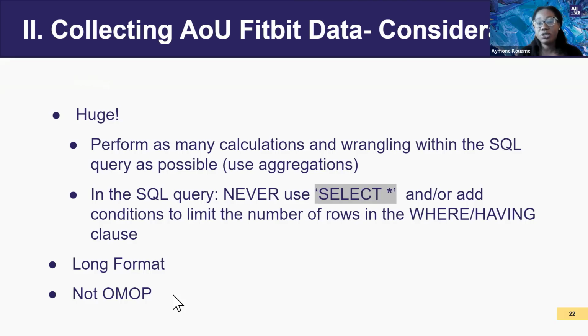We want to use some conditions in the where clause to restrict the number of rows so that you don't crash your notebook. Also, Fitbit data is in long format like the rest of AoU data, meaning a participant will have multiple rows of data in a table, and it's not all OMOP formatted. So you will not find concept IDs or anything like this in there.